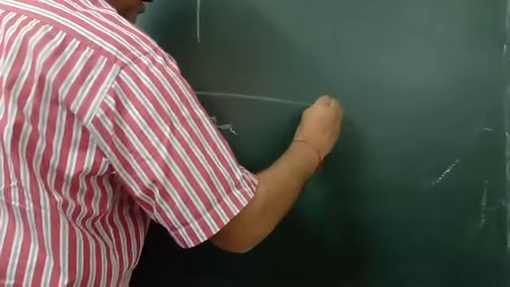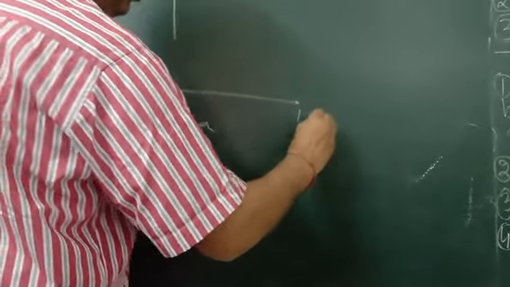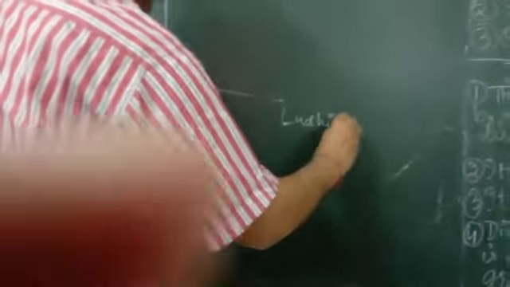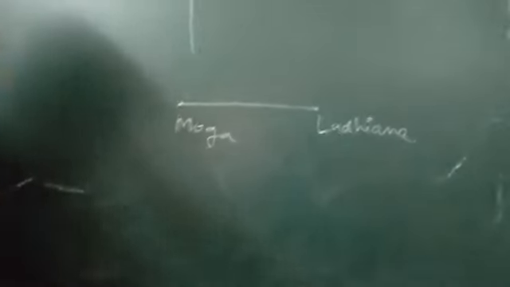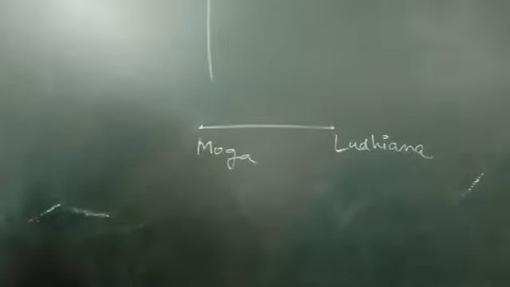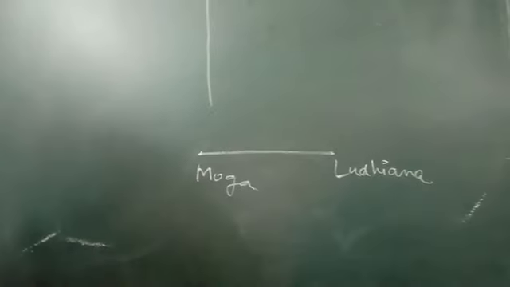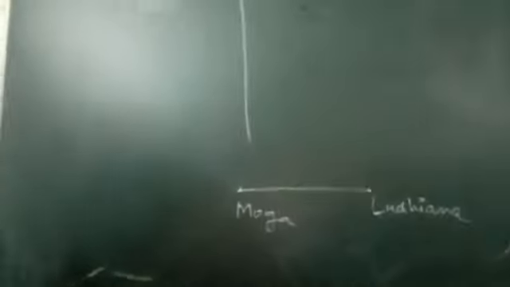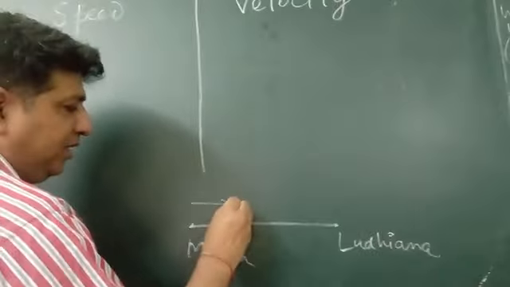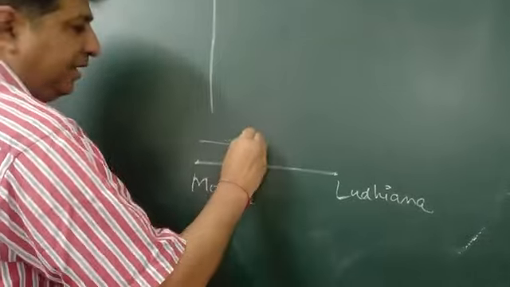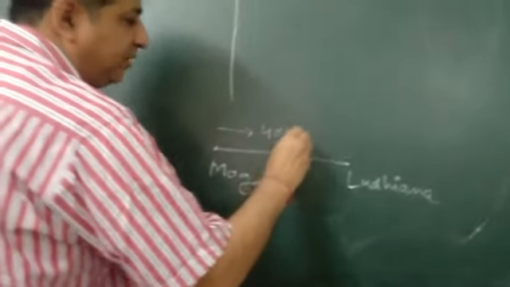Say this is Moga, and in this direction is Ludhiana. And we want to go to Ludhiana from Moga. Now, there is one car which is going in this direction at a speed of 40 kilometers per hour.